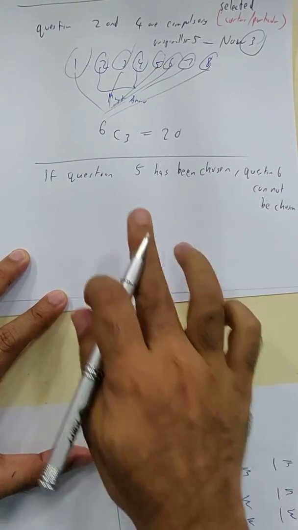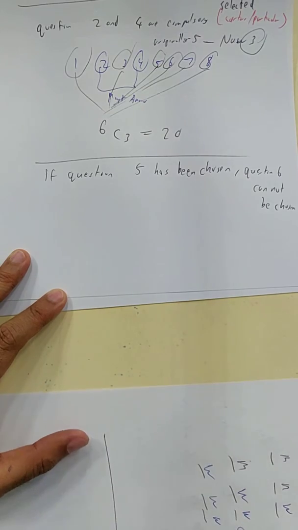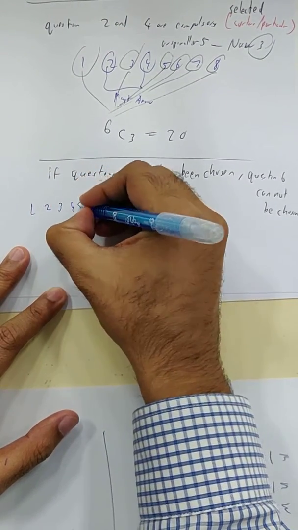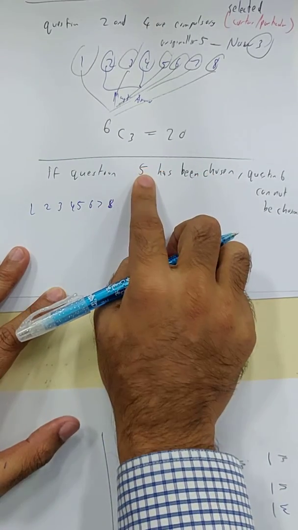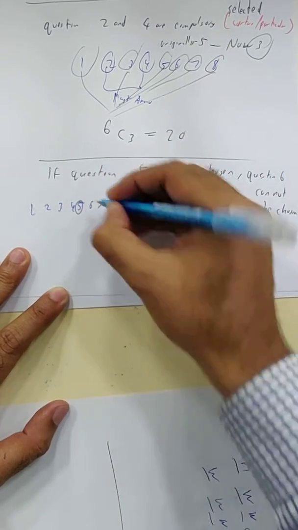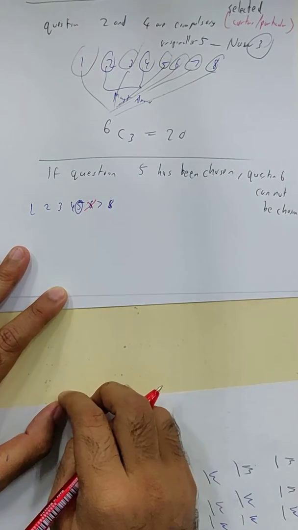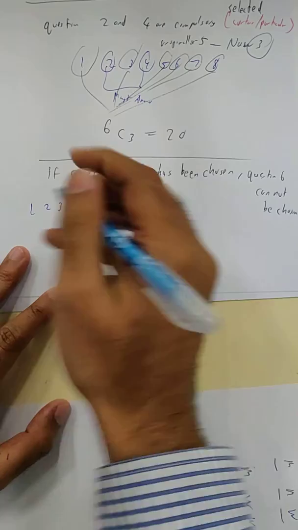On the surface this is quite tough, so you need to plan it out. 1, 2, 3, 4, 5, 6, 7, 8. What does it mean that question 5 has been chosen? That means I have selected it. Can I still select 6? I cannot select 6.